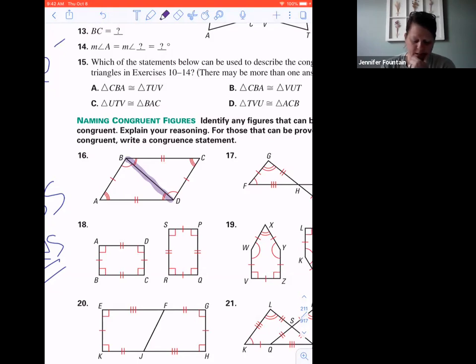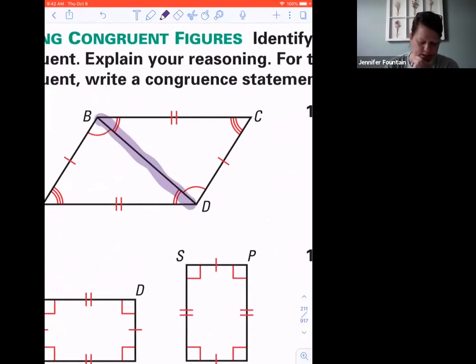In my book, it's saying BD is equal to BD, but to me, naming it, you're going to have to say that BD is equal to DB. So to me, that would be symmetric versus reflexive.